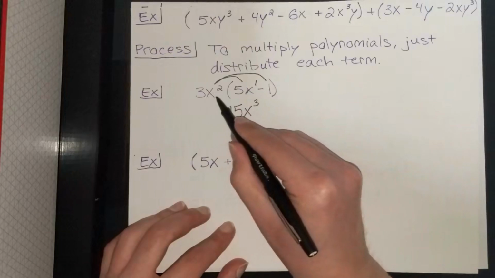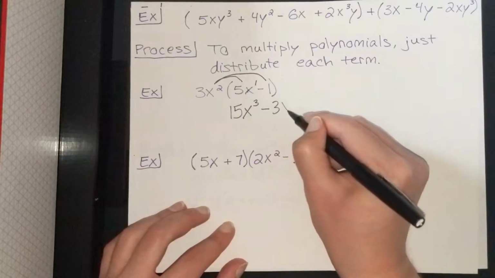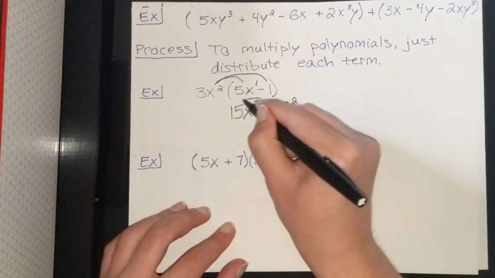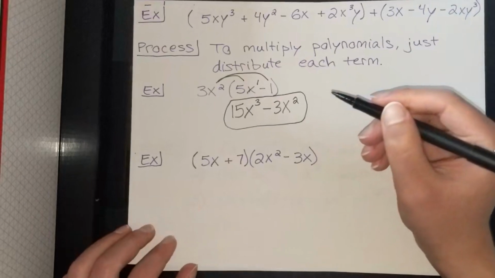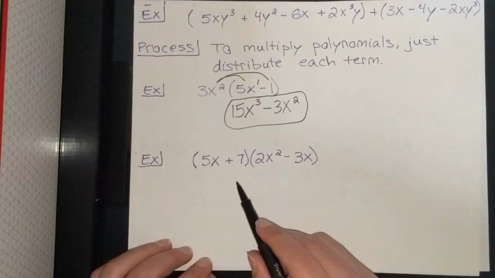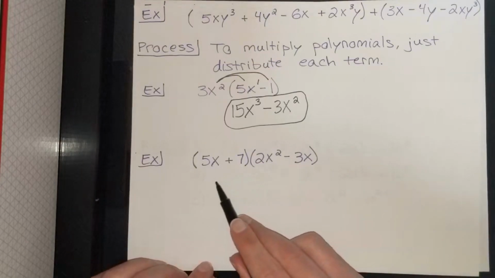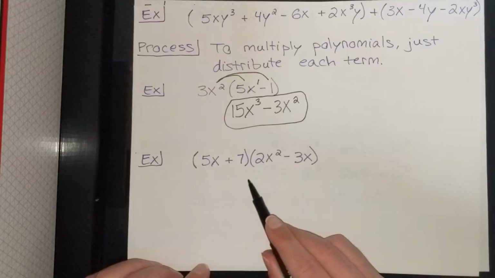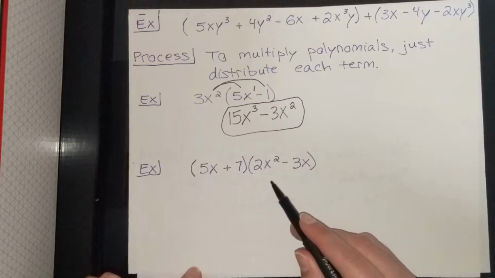And now we distribute 3x squared to negative 1, which just gives us minus 3x squared. And this is completely multiplied out. Go ahead and take a moment and see if you can't multiply this problem out. 5x plus 7 times 2x squared minus 3x.